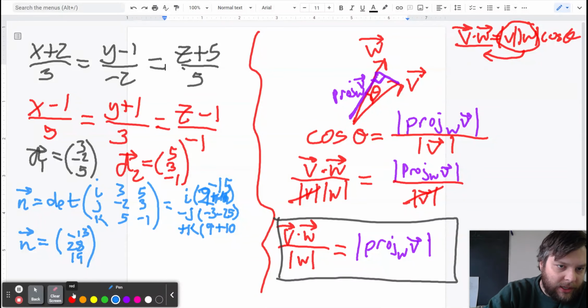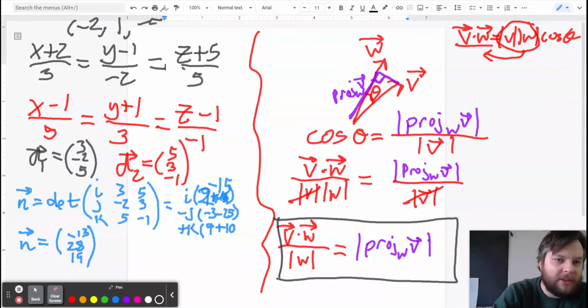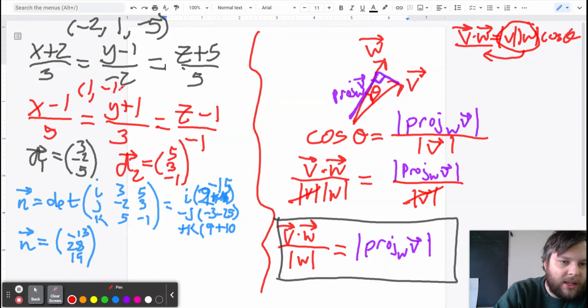So luckily, I know that on line 1, we have the point -2, 1, and -5. Those are the coordinates that I get from looking at the numerators. And on line 2, I have the point 1, -1, +1.